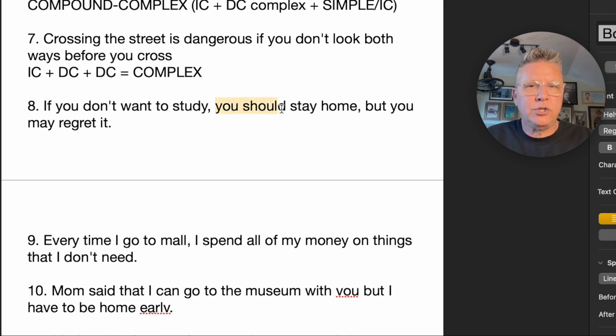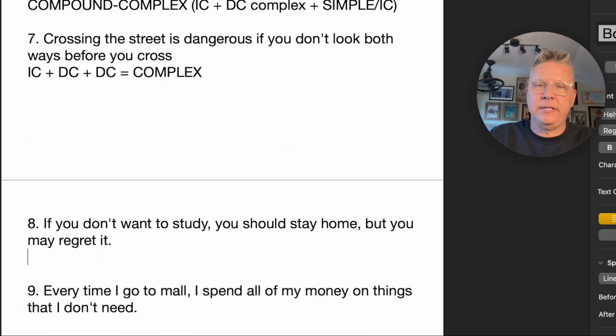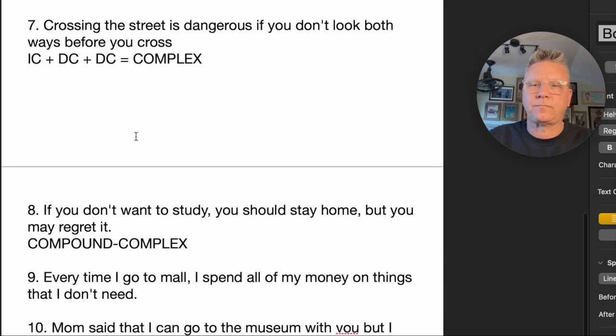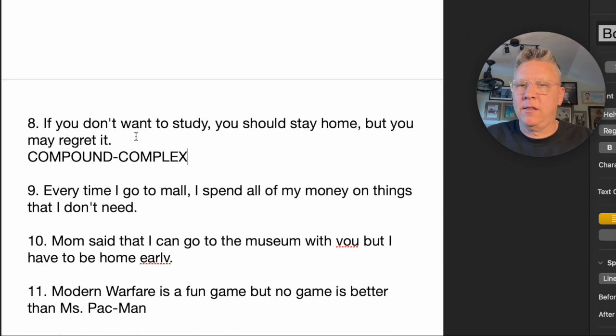You, subject, should stay, verb, is a simple sentence, an independent clause. So right here, dependent clause plus independent clause, this part is a complex sentence. But we have a comma conjunction with a simple sentence, you may regret, subject verb. And now you have a simple sentence connected with a comma conjunction, making this a compound complex. All right. Hopefully you're seeing all of that.